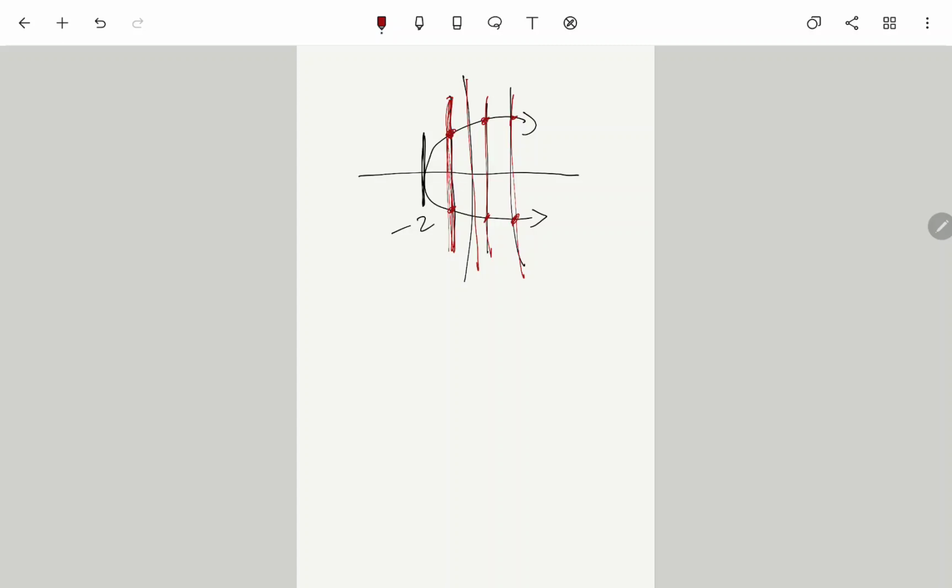That one is not a function. If it intercepts 1 point, it's a function, but if it intercepts 2 or more points, it's not a function.